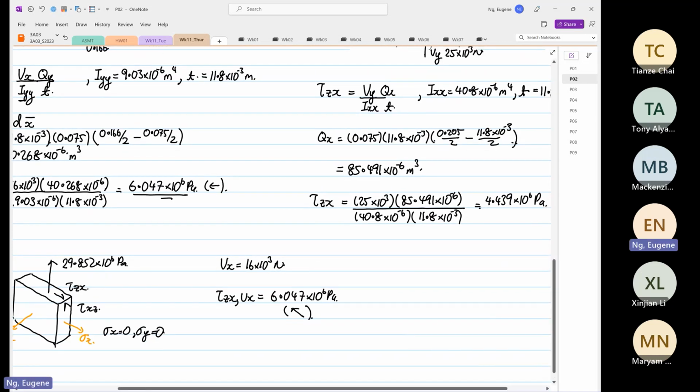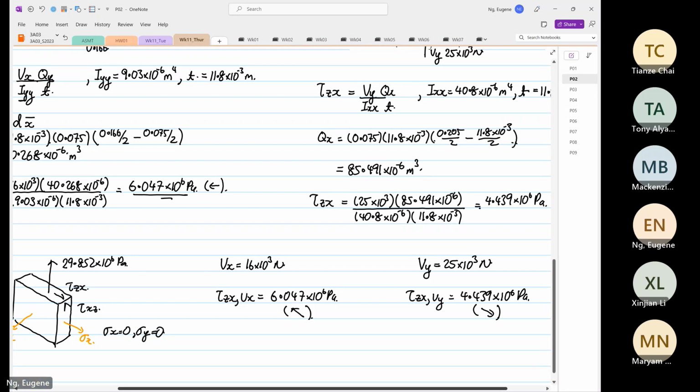However, when we have Vy equal to 25 times 10 to the power 3 Newton, our shear Zx due to Vy is equal to 4.439 times 10 to the power 6 Pascal, but the direction is opposite.